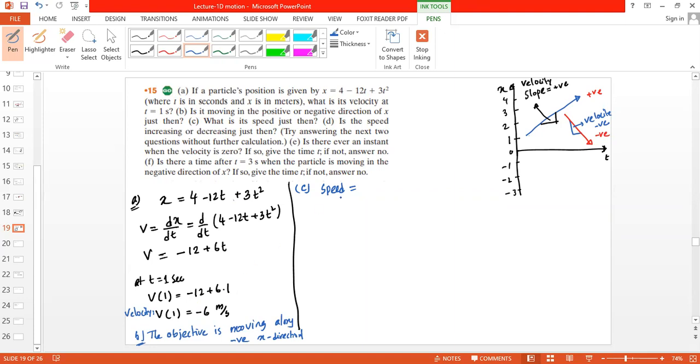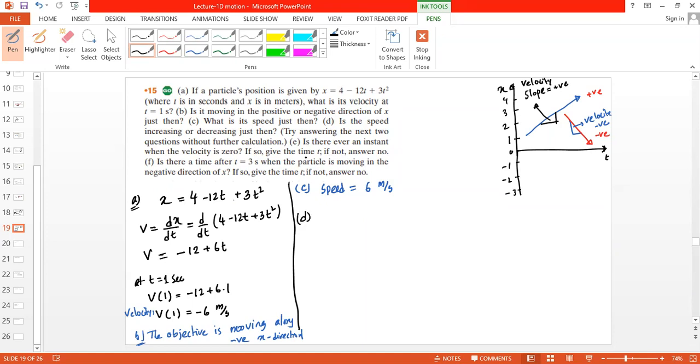Speed does not contain any direction, it has only magnitude. So you can say the speed is 6 meters per second. Clear? At time t equal to 1 second, velocity and speed have the same magnitude, which is 6. Magnitude is the speed.